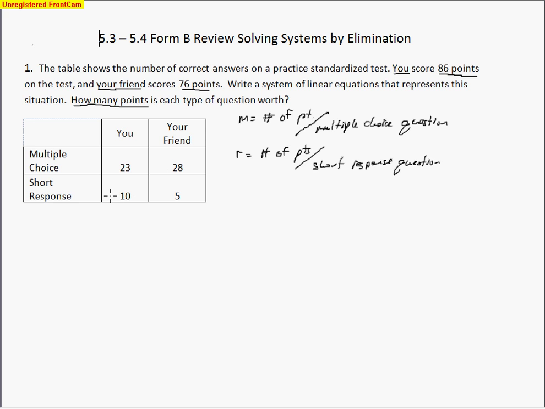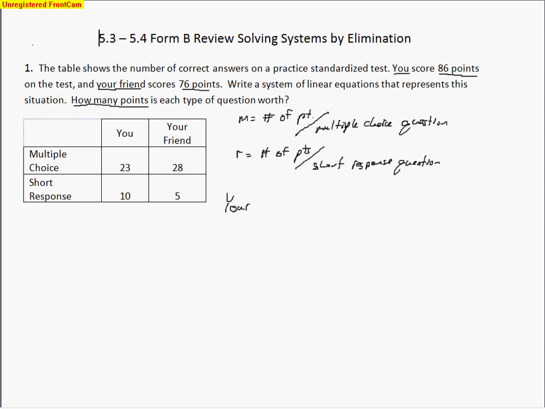So when I go ahead and solve, I'll be able to understand what it means when I come up with an answer. And so now I want to set up an equation. Let's start with U. We've got two equations that we can set up. We're going to set up your equation first, the U equation.